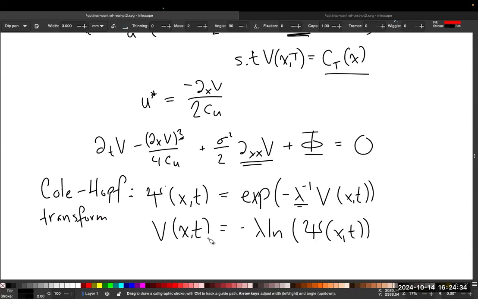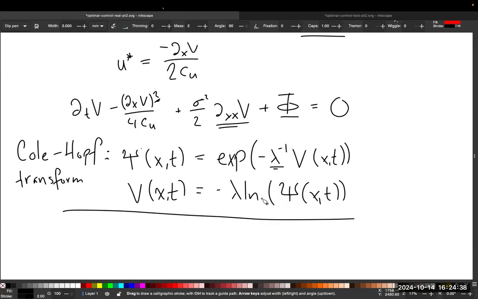Okay, so let's see what this does for us. Going to plug this expression in for V in our Hamilton-Jacobi-Bellman equation.